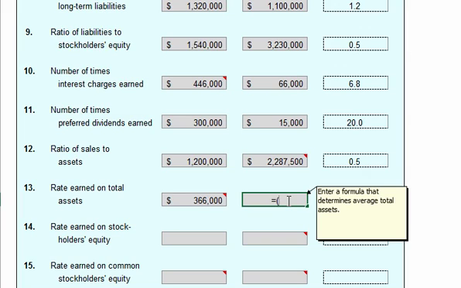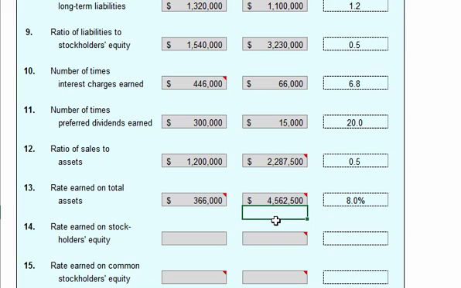So that's equal to total assets at the end of 2015, $4,355,000, plus total assets at the end of 2016, $4,770,000. We're going to add those two together and divide by 2.